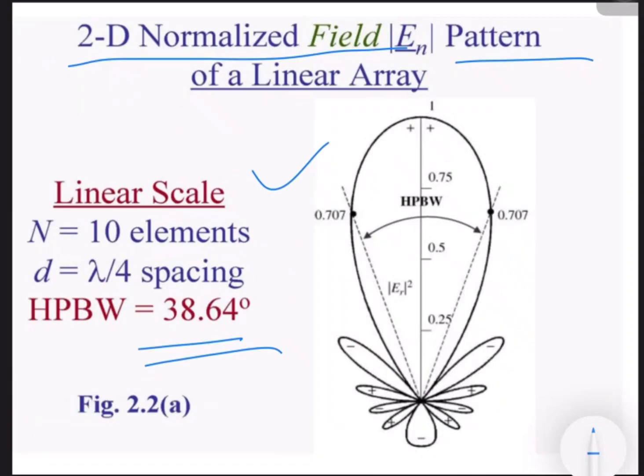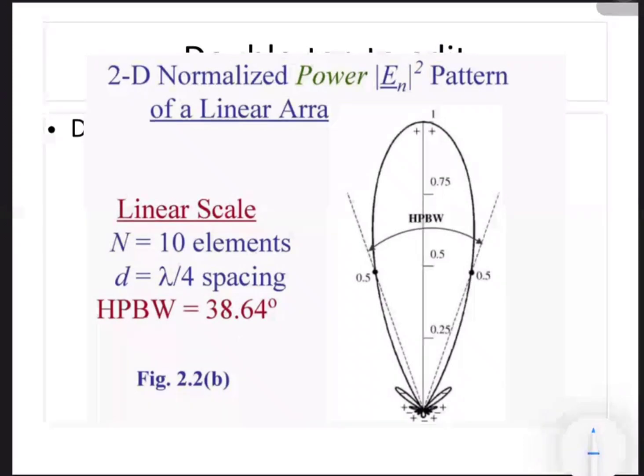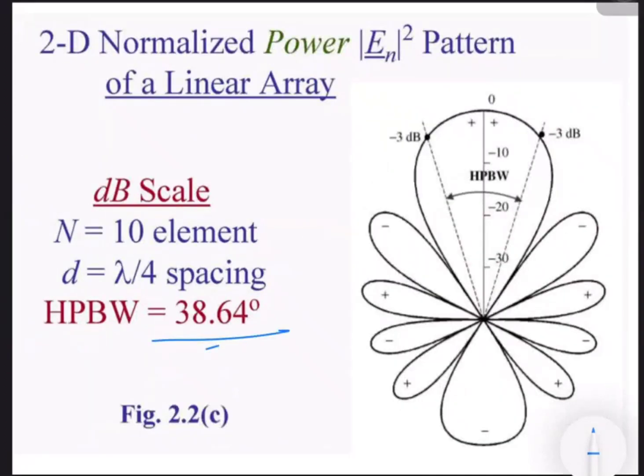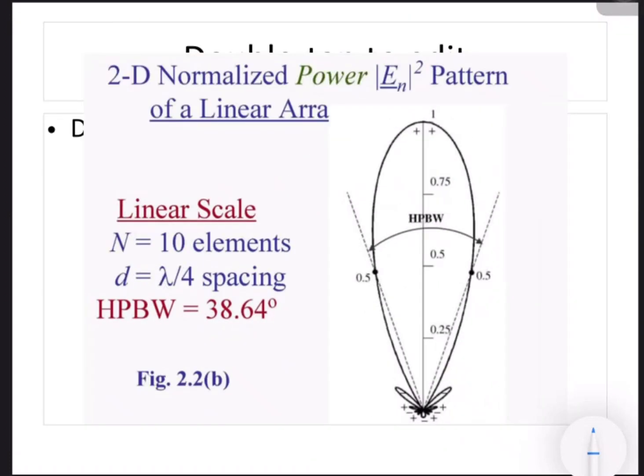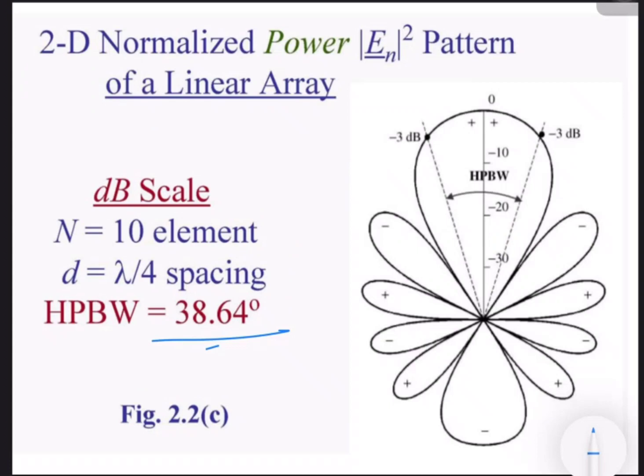So this is a 2D normalized field pattern, and this is the 2D normalized power pattern of a linear array. Like this, we can obtain the power pattern and field pattern on different scales, that is, the linear scale and the dB scale for an antenna.